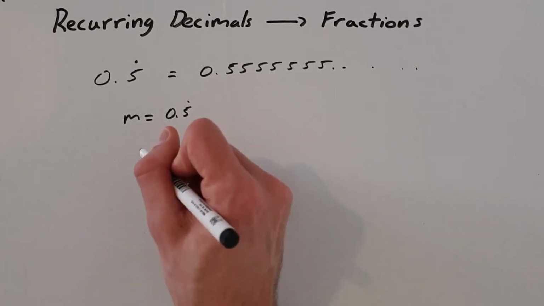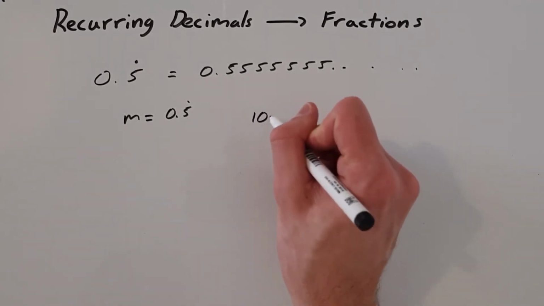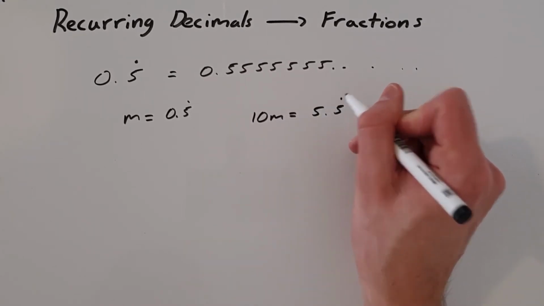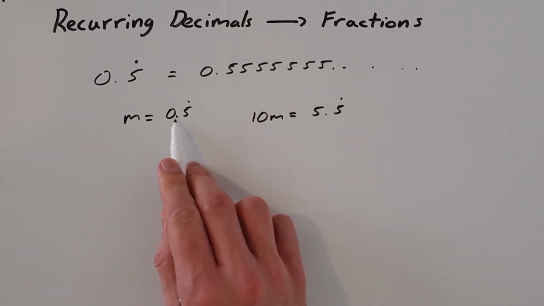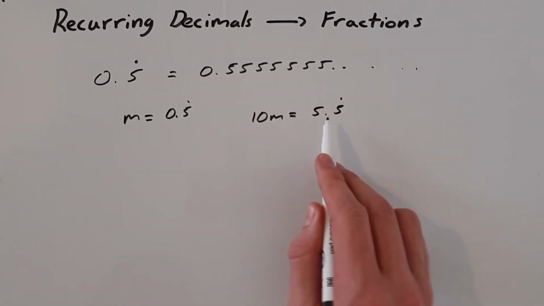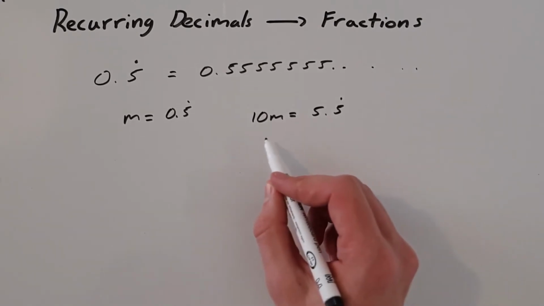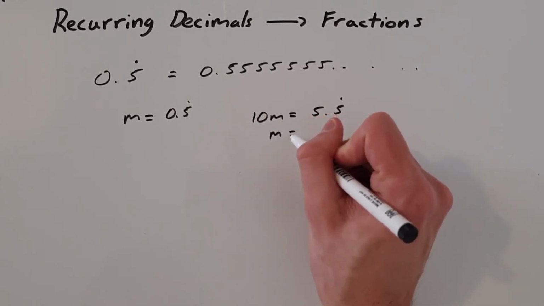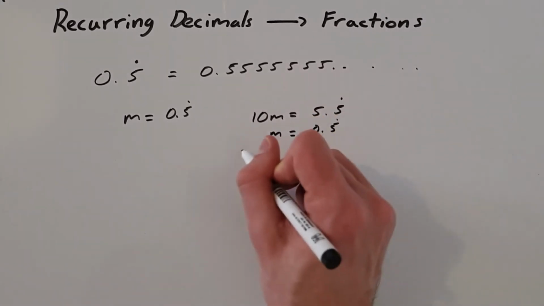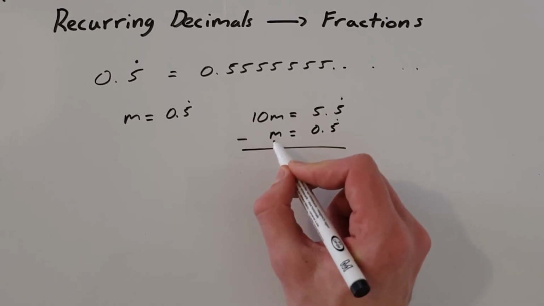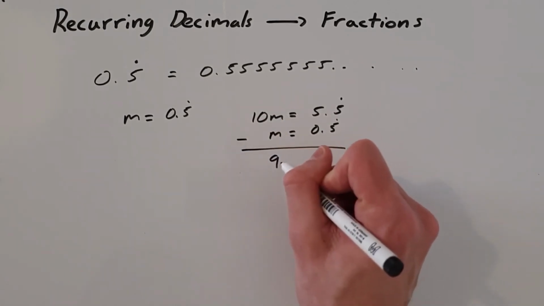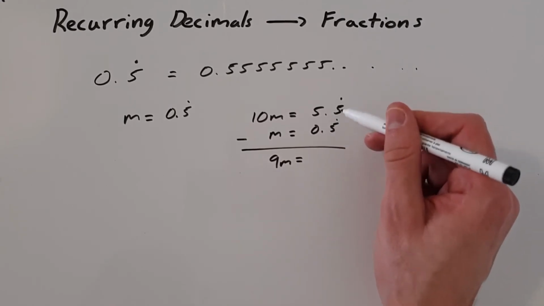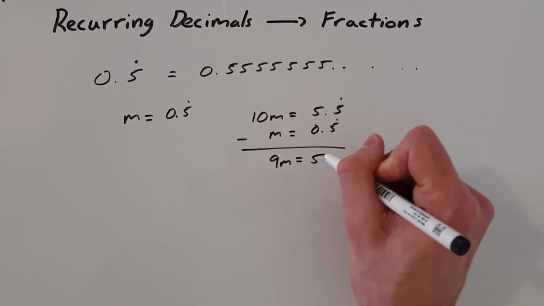And then we'll say 10m equals 5.5 recurring, because multiplying by 10 shifts the decimal point along 1. So we've still got all our 5s recurring, and then we'll subtract the one we started with, 1m equals 0.5 recurring. 10 minus 1 is 9, so we've got 9m, and then we take away the recurring part, so it just becomes 5.